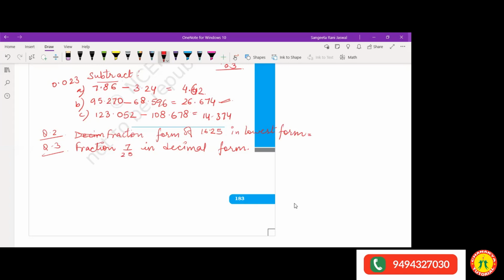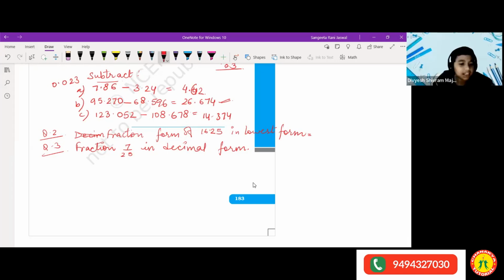Question number 2. Done, Advika? Divesh, give me the third answer. Fraction 7 by 25 in decimal form. Ma'am, I'm still doing that.